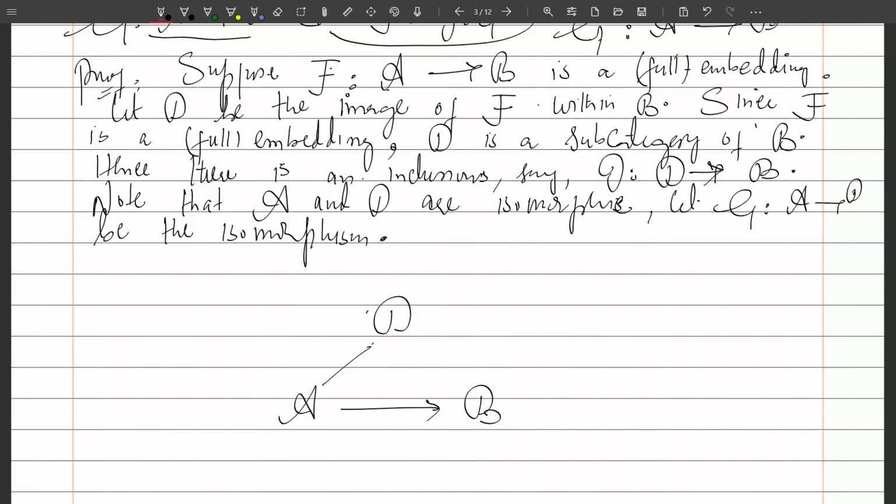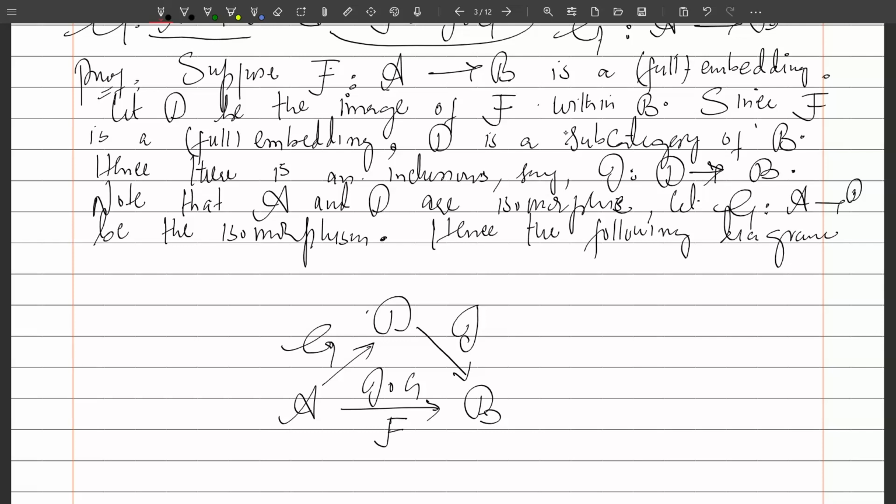From A to D we have the isomorphism G, which is a functor, and from D to B we have the inclusion I. From A to B we have the functor F, but this turns out to be the map I composite G. So this is I composite G as well as this is the functor F. Hence the following diagram commutes.